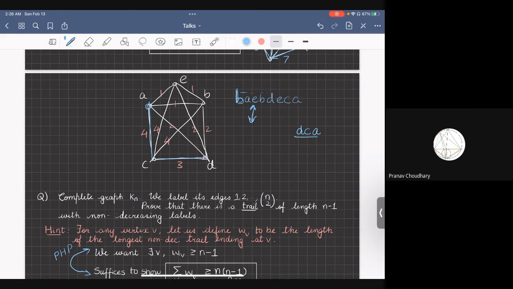So let's try the problem, and then we'll discuss what you were trying to say, and we'll see how the two are related or where there's a flaw, if there is any.